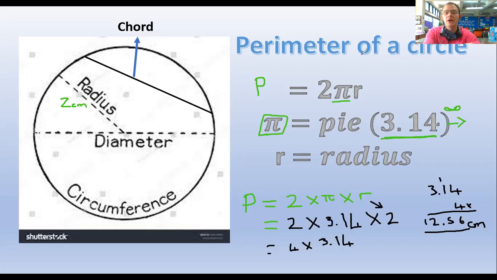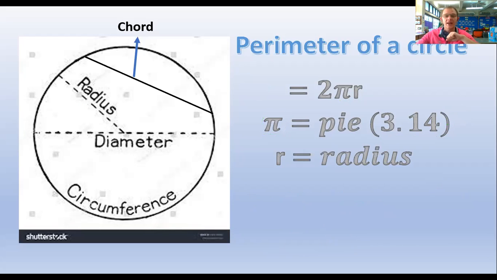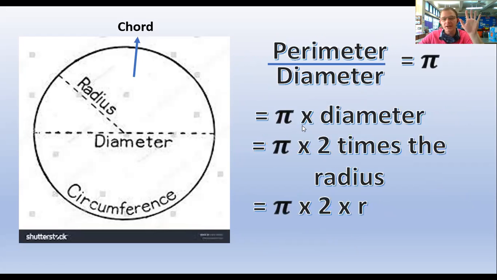Let's look at a few examples and see if you can help me calculate them. Before we get there, another relationship we have is the perimeter divided by the diameter equals pi. So in that regard, the perimeter will equal pi times diameter. I should have written this here.